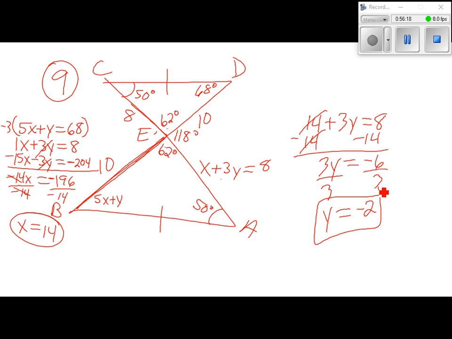Looking back at the problem, this is one of them where I underlined the word statements, didn't I? So what's that probably telling you? More than one answer. Letter A says the value of y is negative 10. No. So mark that one out, that one doesn't work. Letter B says angle BEA is congruent to angle DCE. We should probably plug back in here and find these angles, shouldn't we?